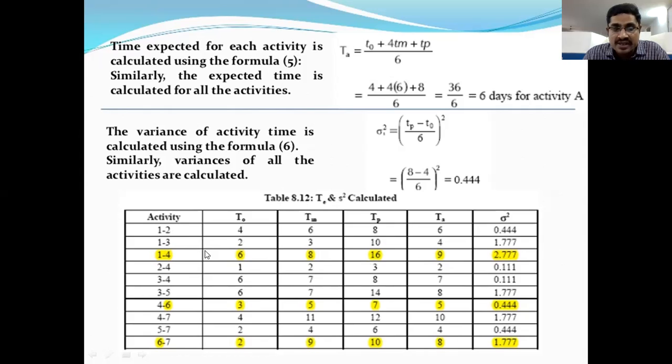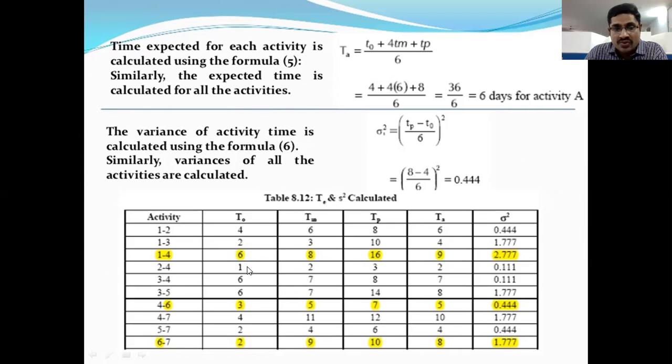So next, 1 to 3. 2 plus 4 into 3 plus 10, by 6. Then we will get 4. Next, activity 1 to 4: optimistic time plus 4 into normal time plus pessimistic time, by 6. So here 6 plus 4 into 8 plus 16, by 6.